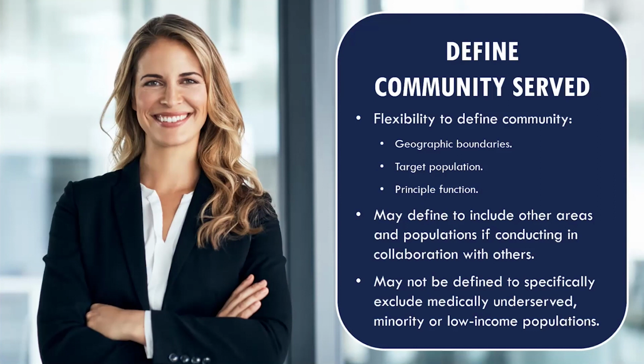You can use geographic boundaries. So you could use zip codes, you could use counties. A lot of organizations might already have what they consider to be their primary service area, their secondary service area. You can define community using those types of geographical areas.